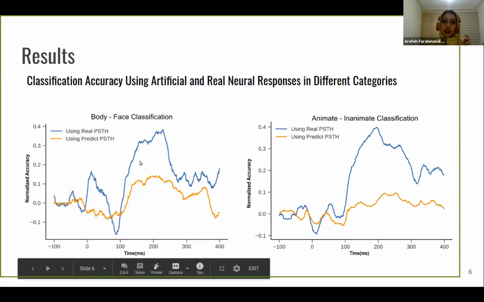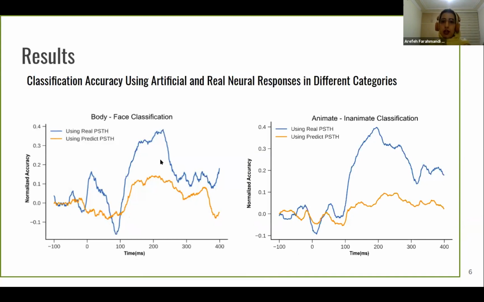It's exactly the time course in which the visual information of the image is received in our IT cortex. So the accuracy is increasing, and the orange one is the accuracy of classification using our artificial neural response.